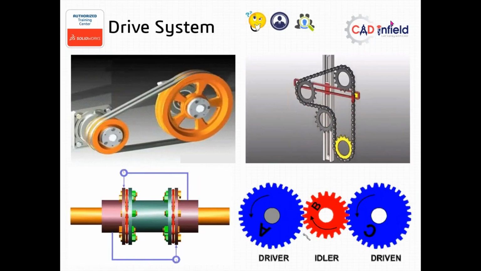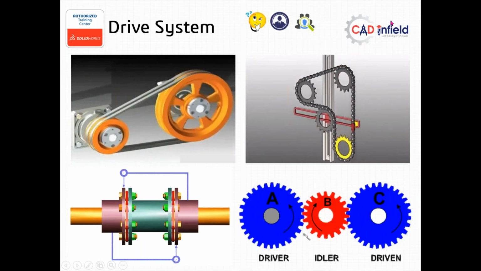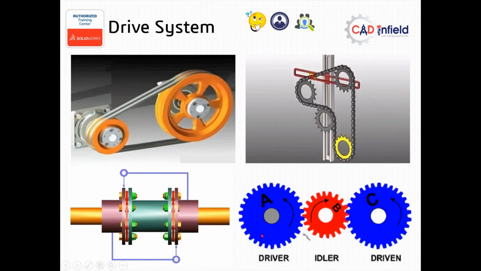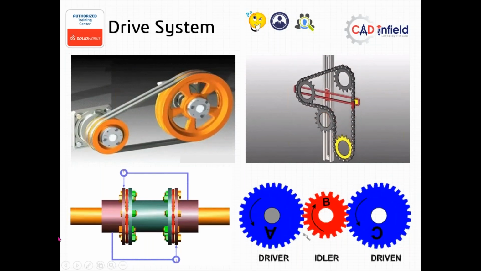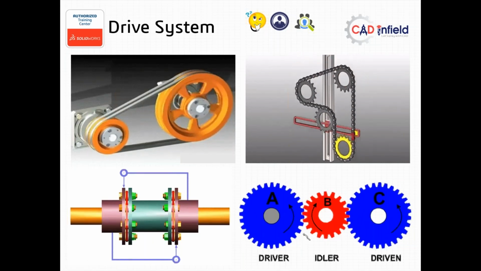So, the drive system. I have tried to add many graphical animations for this. You can see it has a belt with two shafts. We have a chain with the sprocket.